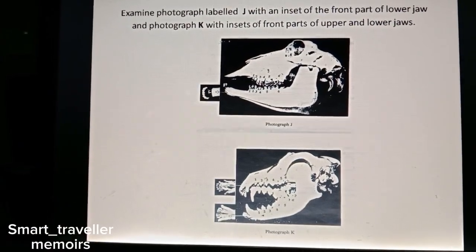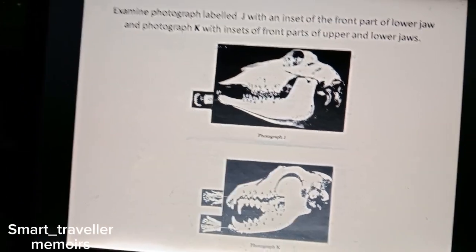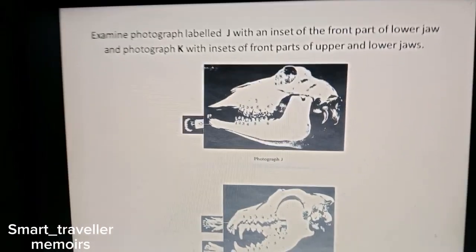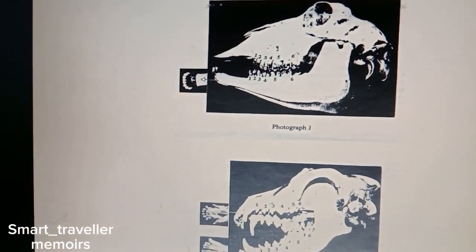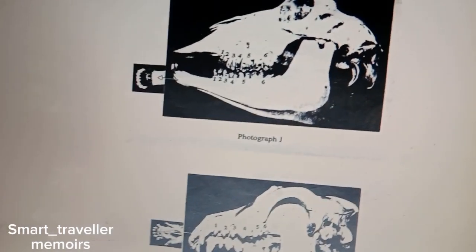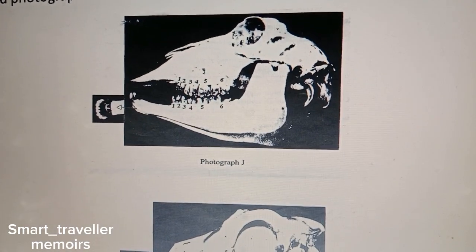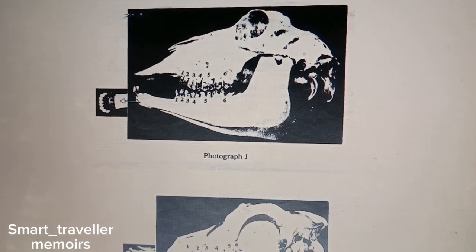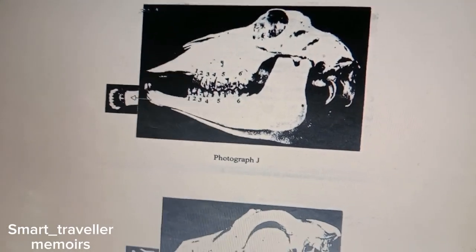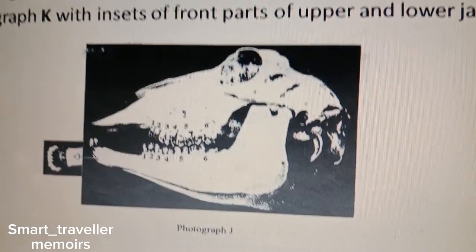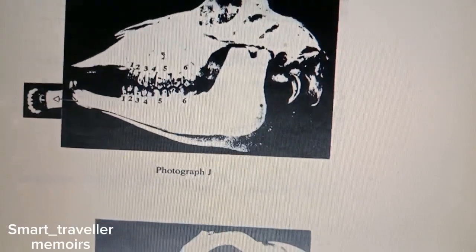Oh, excuse me, guys. The camera fell down when I was trying to adjust so that you can see. I want you to see them properly. You can see photograph J. You can see the inset. All right. You can see that is J.